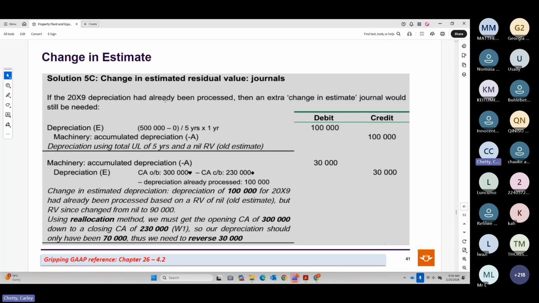So if the accountant had already processed the depreciation for 20x9 based on the old residual value, he would have calculated it by saying 500,000 Rand minus the nil residual value divided by the total useful life of 5 years. And that will give us 100,000 Rand. So he would have debited depreciation with 100,000 Rand and credited machinery accumulated depreciation with 100,000 Rand. So this would have been the accountant journalizing the depreciation based on the old useful life.